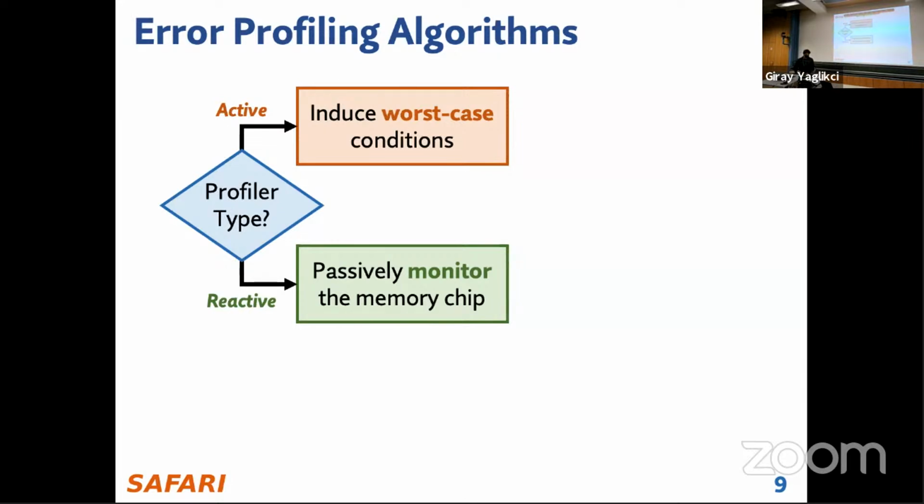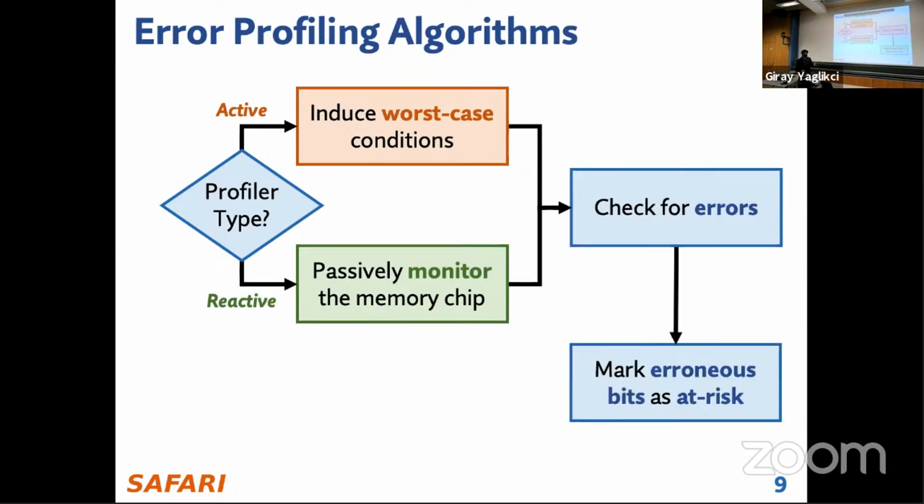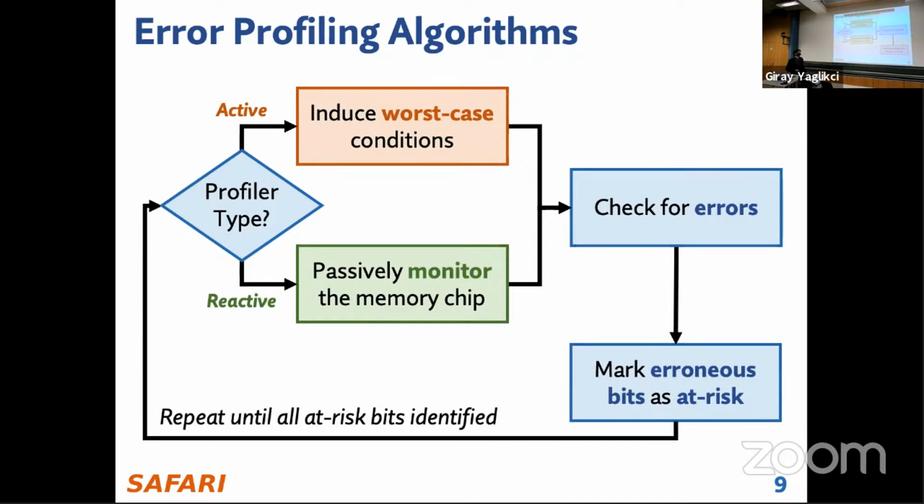The reactive profiler just passively monitors the memory chip to try and capture errors as they are observed during runtime. Regardless of which type of profiler we use, they both check for errors, and then they mark any observed errors as at-risk bits within the error profile. And then we simply repeat this process until all errors are identified, or more realistically, until we have enough confidence in our results. So this is general profiling.